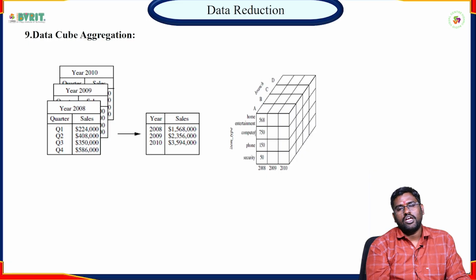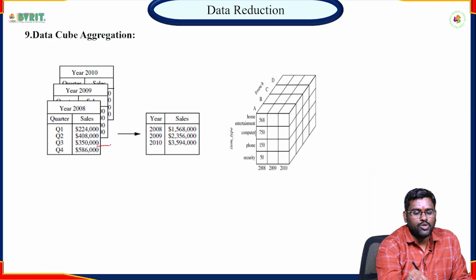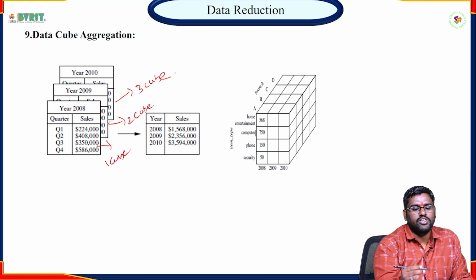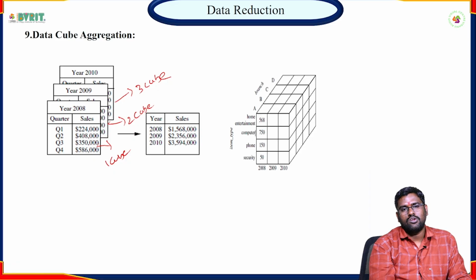Data cube aggregation means multiple sets of values. Actually, this is one cube, second cube and third cube. By seeing this picture, we can't understand the exact values. Only the 2008 values are visible; the other values are not visible to us.